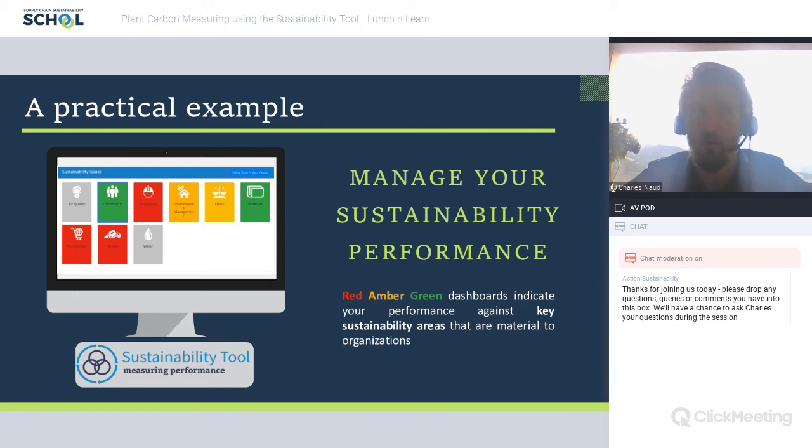The key principle is that as an organization, what you can set up is define your key strategic areas in sustainability that you have commitments against, build KPIs, build what metrics you need against those, and then who needs to report that information, whether within your organization or through your supply chain.